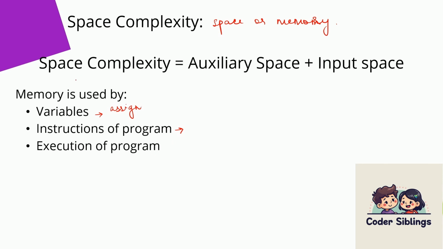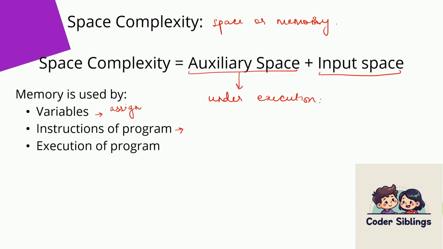So space complexity will be auxiliary space plus the input space. Input space will be in terms of the variables we assign or the input that we give. And auxiliary space is the space taken by the program when it is under execution, right?